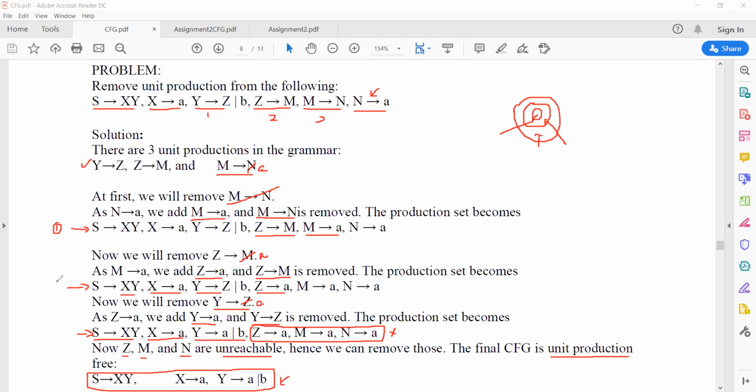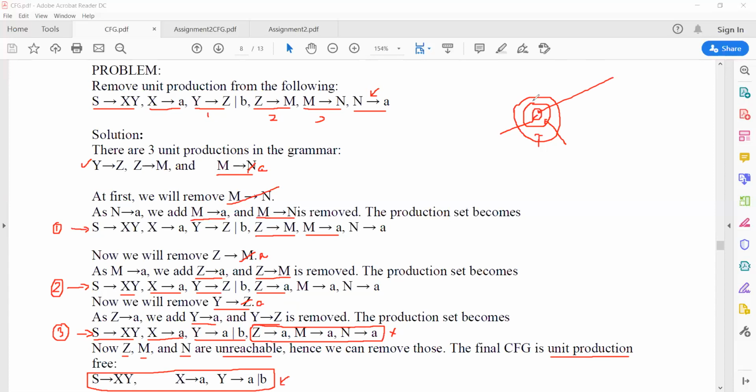In the unit production identification, since there are three, your iterations will also be three, because 1, 2, 3 is the iteration. So ultimately you will be able to reach the inner loop. This is the concept of removal of unit production one by one.